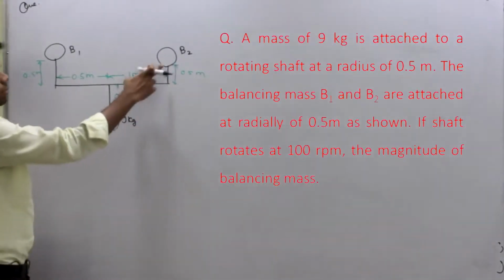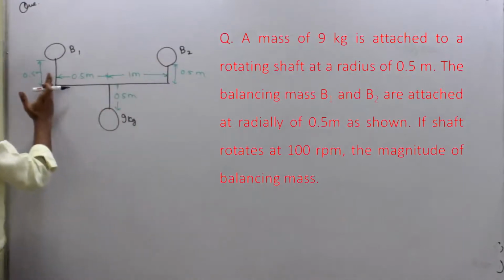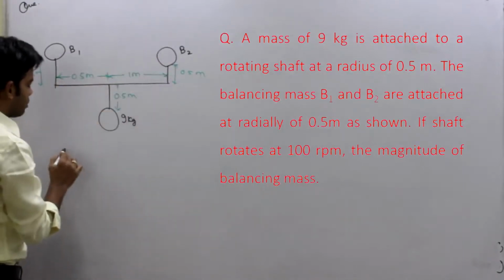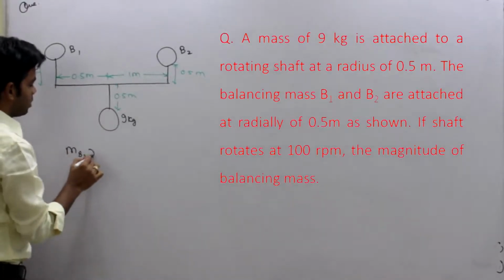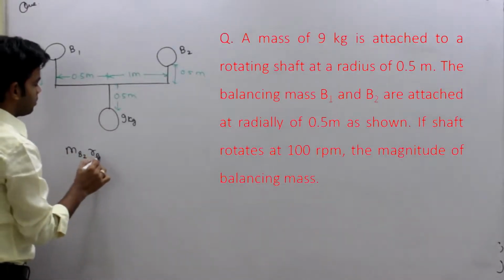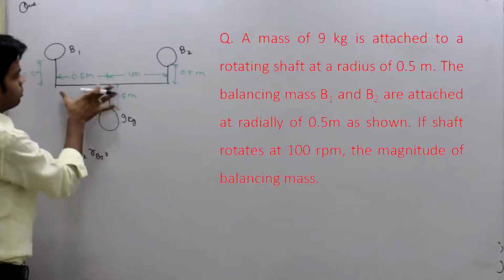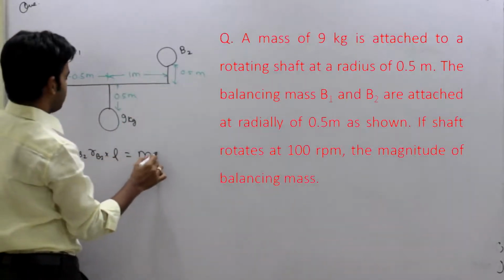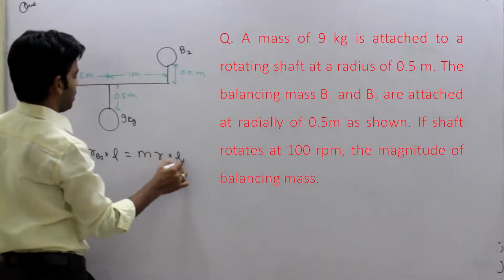In order to determine this, as I told you, we have to take moment about this B1. So the moment will be equal to MB2 into RB2 into total distance, which is L, equal to MR into L1.